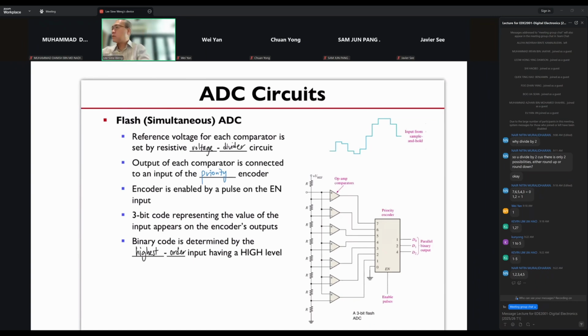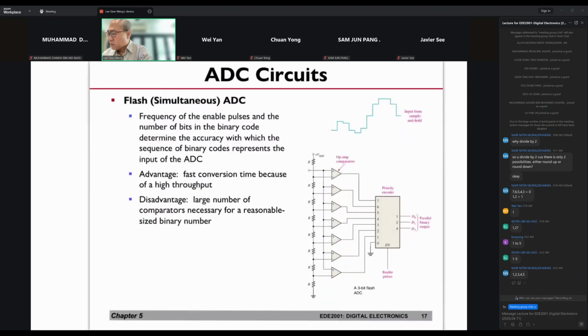Okay, now let's do one example. I think I can skip this page. This is just talking about the ADC in general. The frequency will determine how accurate this ADC is.